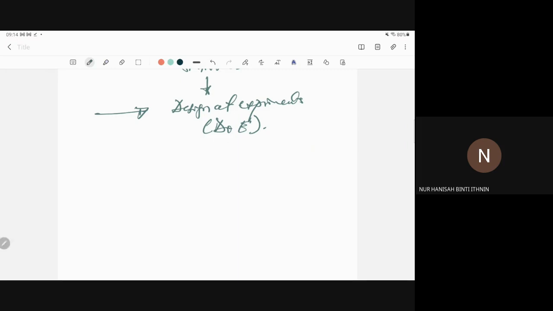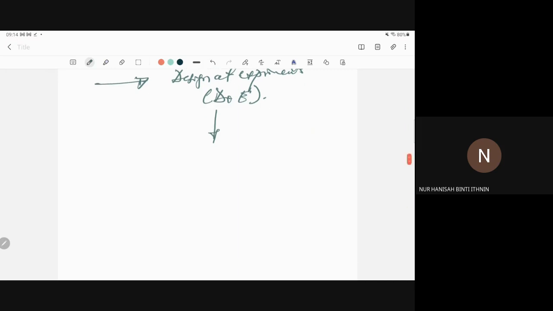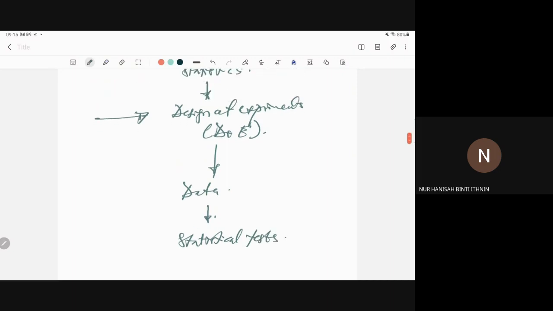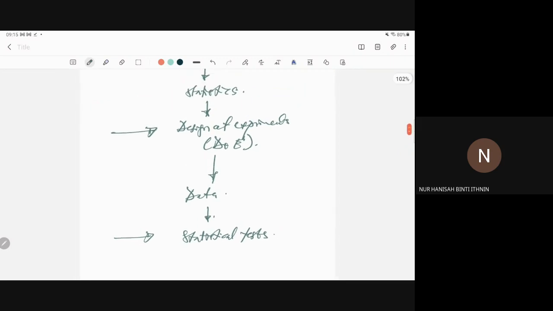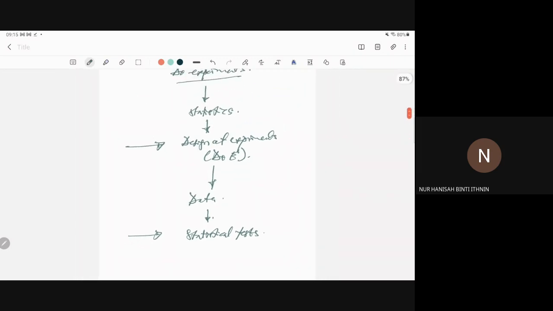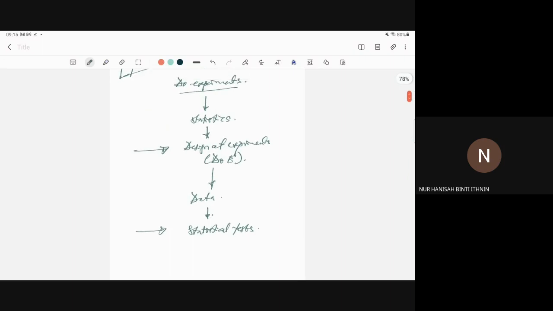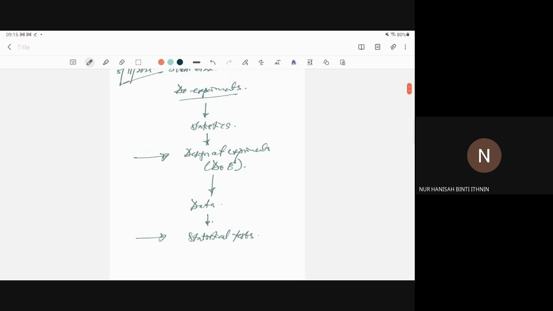And then when we do the experiment based on the design of experiments, we will get data. This data, we do the statistical tests. Just to mention this so that you won't get confused, this is what an experiment usually comprises of.